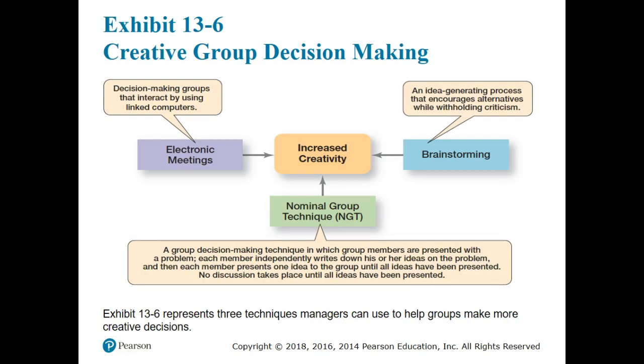Now, what techniques can managers use to help groups make more creative decisions? Exhibit 13-6 describes 3 possibilities. You have your electronic meetings, your nominal group technique, and your brainstorming. Electronic meetings are decision-making groups that interact by using linked computers.